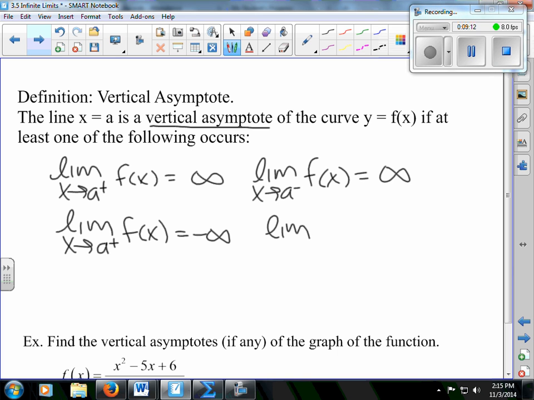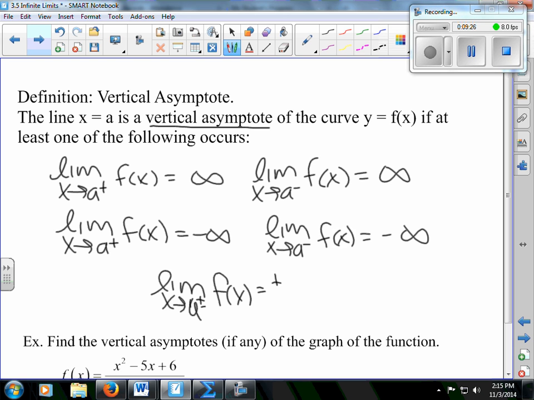Or perhaps if you approach a from the left, you get negative infinity. This can be summarized, all 4 of these, into the 4 possibilities that if you approach a from the right or the left, you get either positive or negative infinity. You don't have to get all of those. It would be impossible. But you have to get one of them in order for there to be an asymptote.